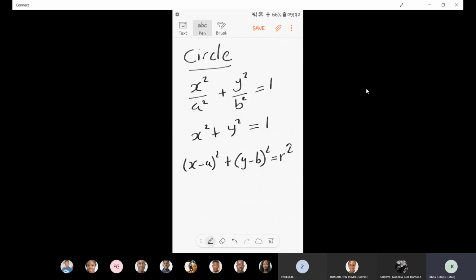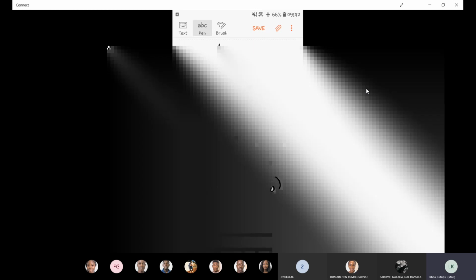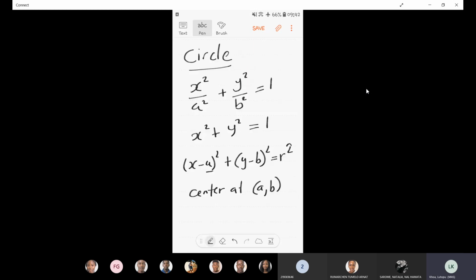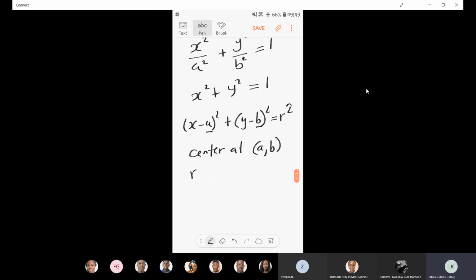The reason we do this is because this circle has a center at (a, b), so the a coordinate, the b coordinate, that forms your center, and then the radius of the circle is just equal to r that I have over there.